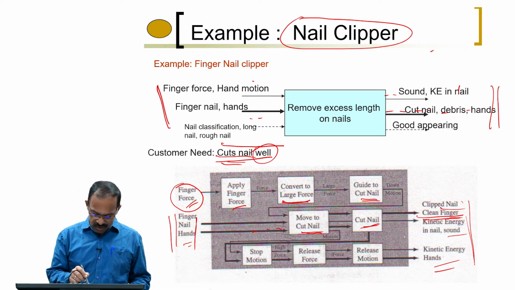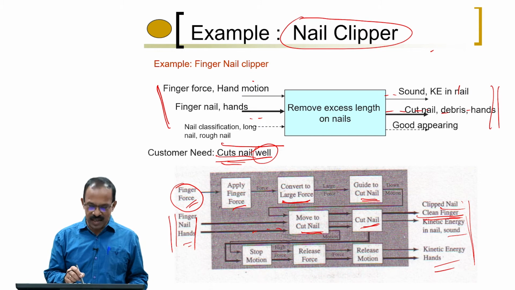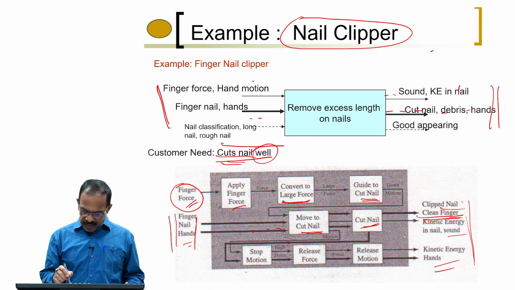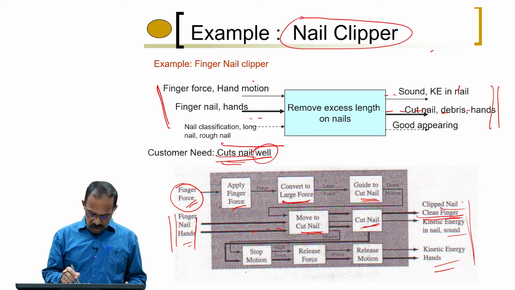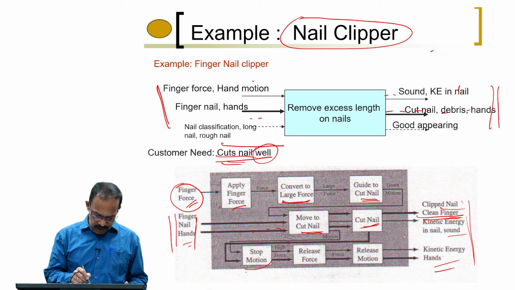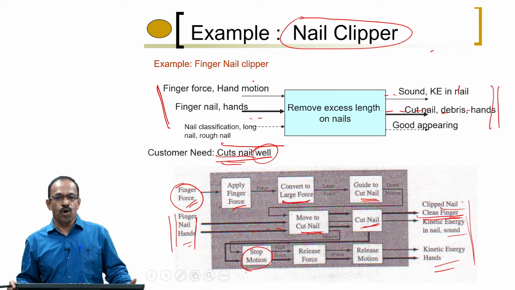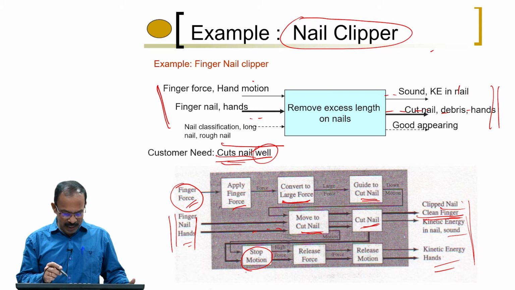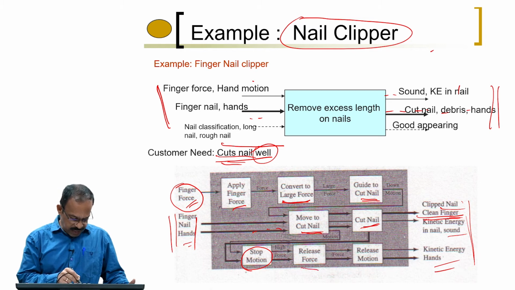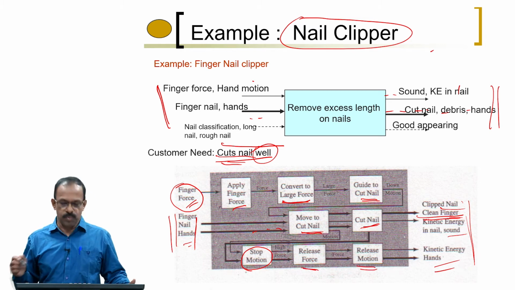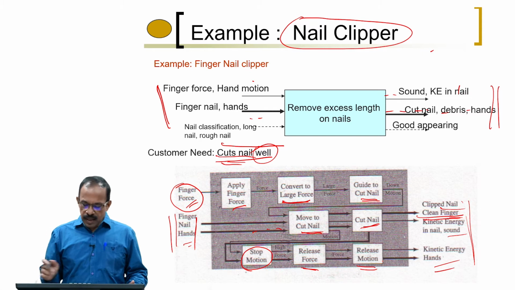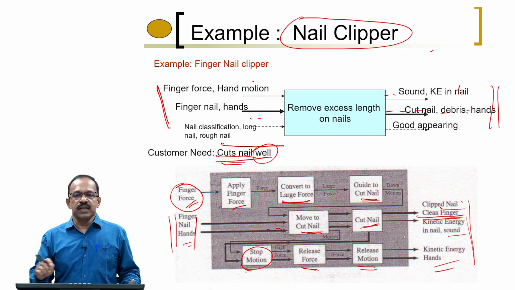Both finger, nail and hand come here and then move to cut nail and the cut nail will go out, and this motion will lead to stopping the motion. So, we need to stop the motion. We cannot keep on applying the motion; guide to cut nail and move to cut nail are the motions involved. So, you have to stop the motion and then release the force and then release the motion, and that actually completes a cutting cycle.